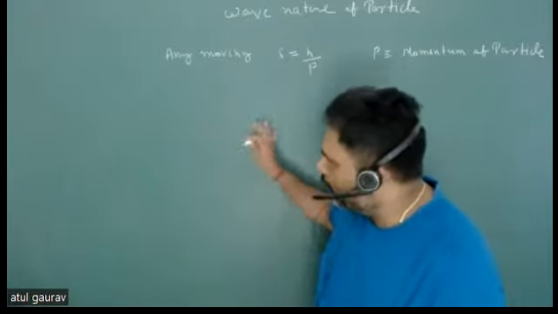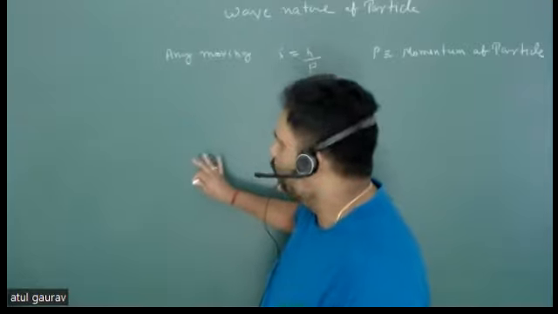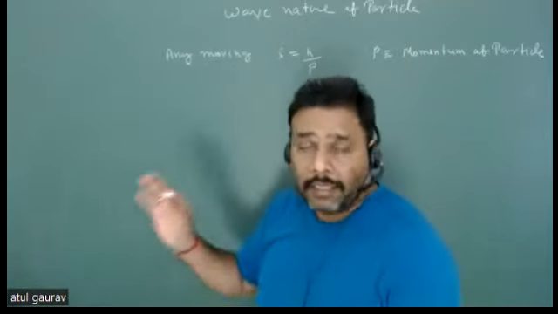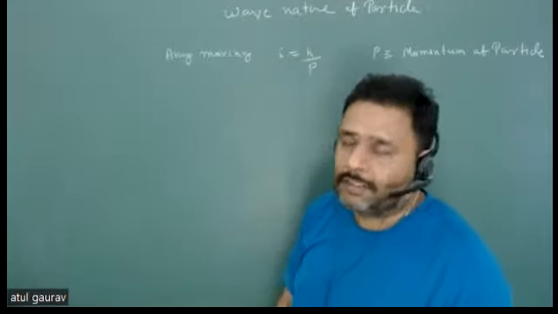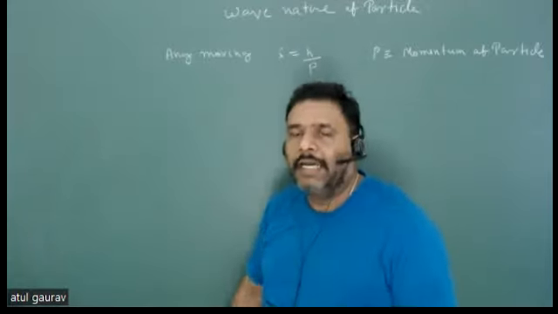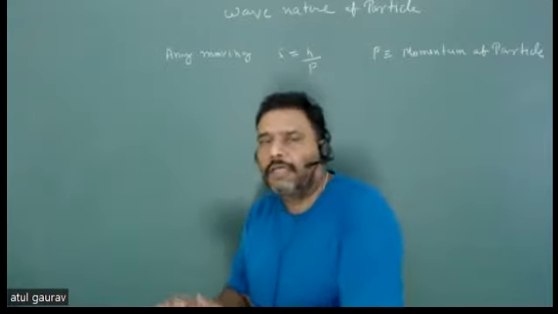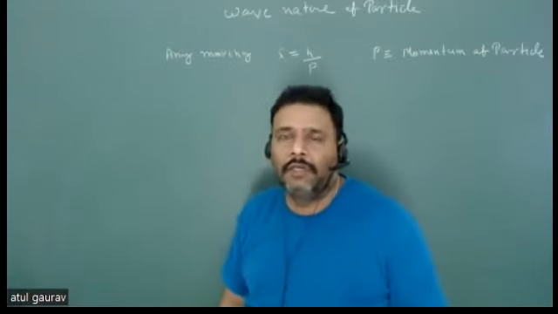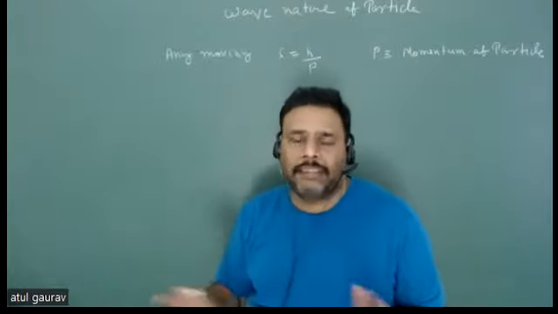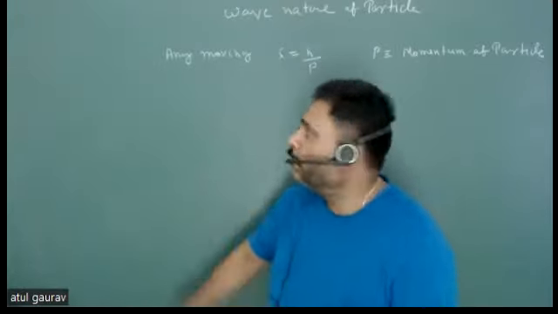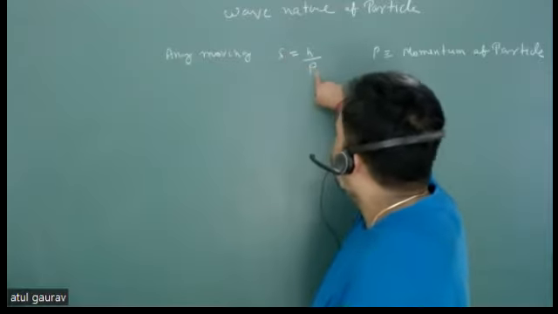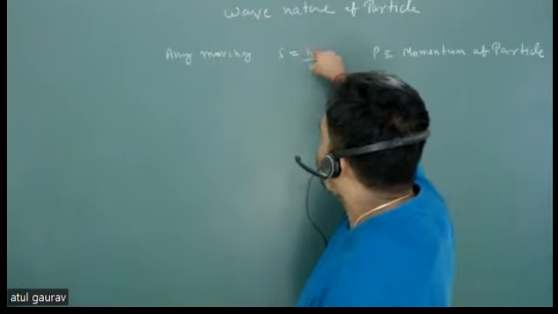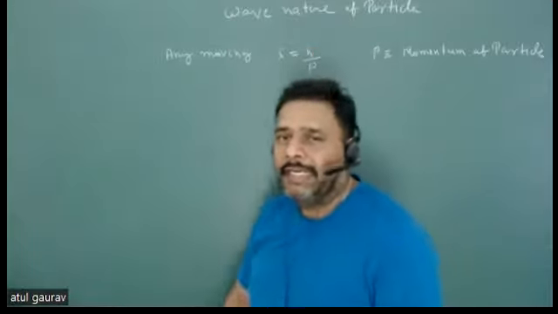So let me draw this particular experimental arrangement for light first, that is for the Bragg diffraction, and then we will go to the Davisson-Germer experiment, and then we will try to match them, and verify whether lambda is actually inversely proportional to momentum, and this constant is nothing but h.